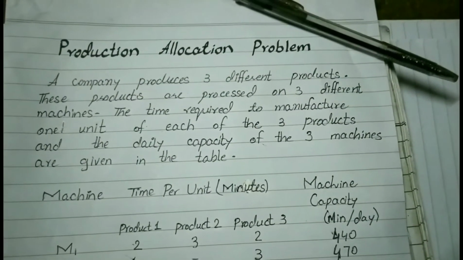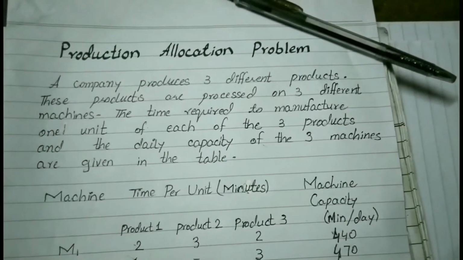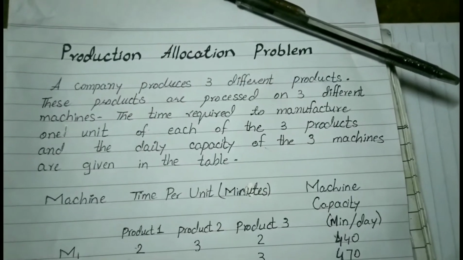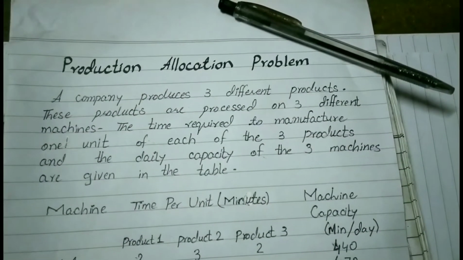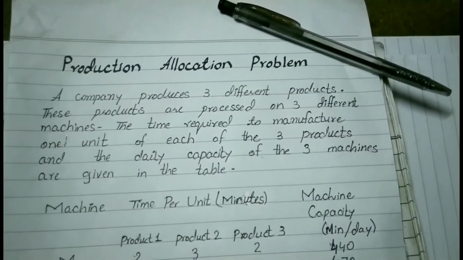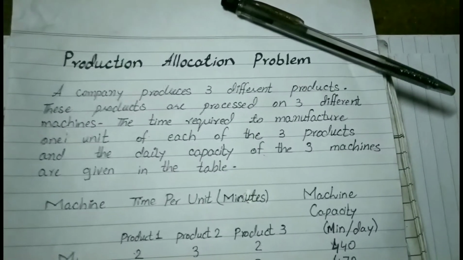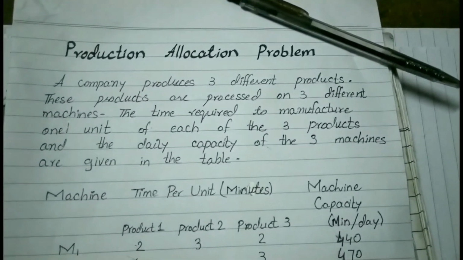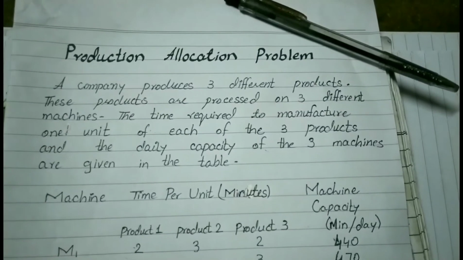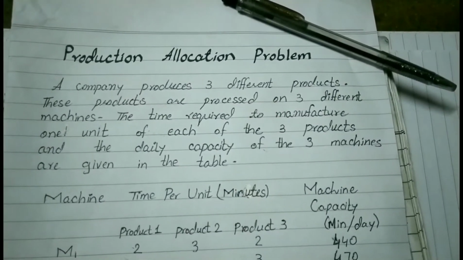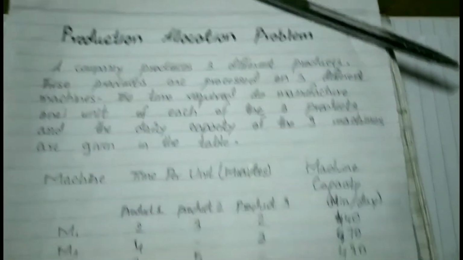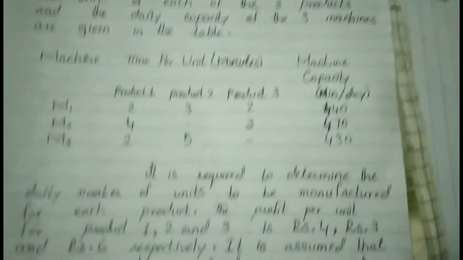The question that we are going to solve is a production allocation problem. A company produces 3 different products. These products are processed on 3 different machines. The time required to manufacture 1 unit of each of the 3 products and the daily capacity of the 3 machines are given in the table. This is the table.